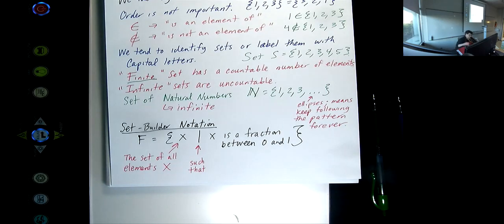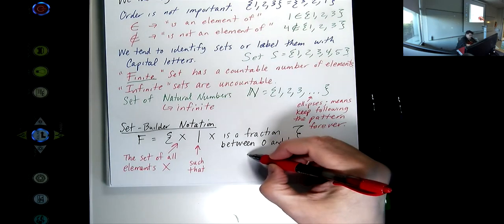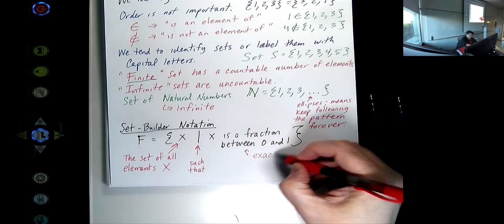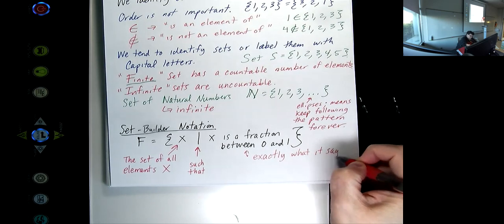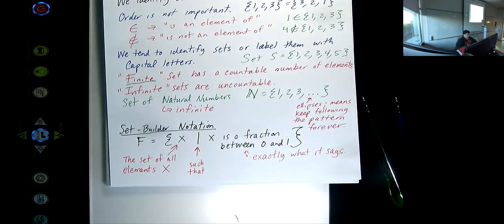And the right side is exactly what it says. So it's the set of all elements X such that X is a fraction between 0 and 1.